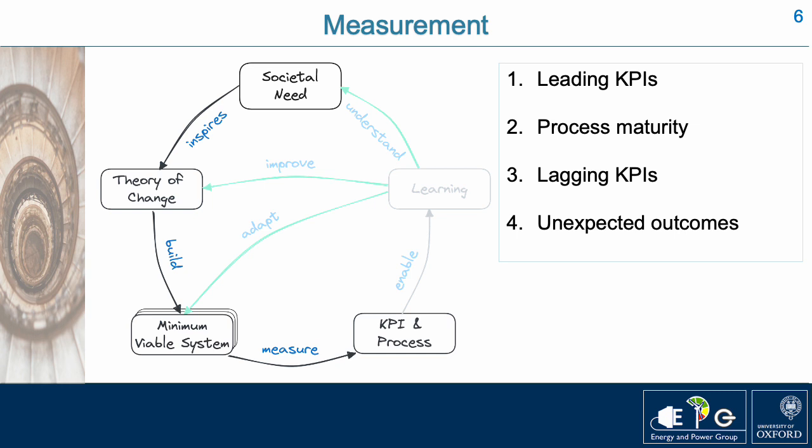Applying these 4 guiding principles transforms the MVS into a dynamic learning platform. By integrating measurement, KPIs, and process evaluations, practitioners not only provide evidence to validate hypotheses, but also to fine-tune interventions and processes. This ensures a resilient and adaptive system that aligns with the envisioned outcomes outlined in the theory of change.